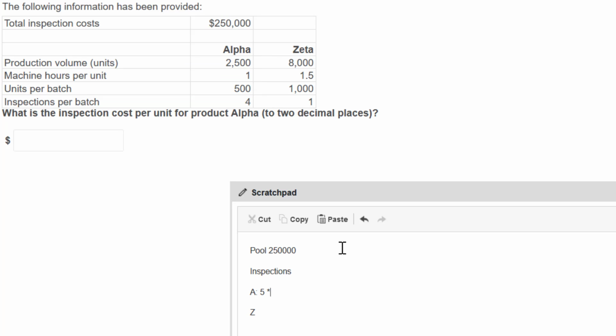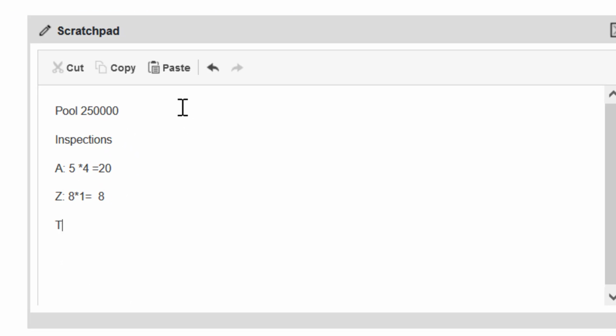And it's 4 inspections per batch, so that's going to be 20 inspections in total for the alpha. The zeta, guys, well, that's 8,000 units with a batch size of 1,000, so we're going to do 8 batches, and we do 1 inspection per batch, so that's multiplied by 1, and we get 8 inspections. So my total inspections will be 28.